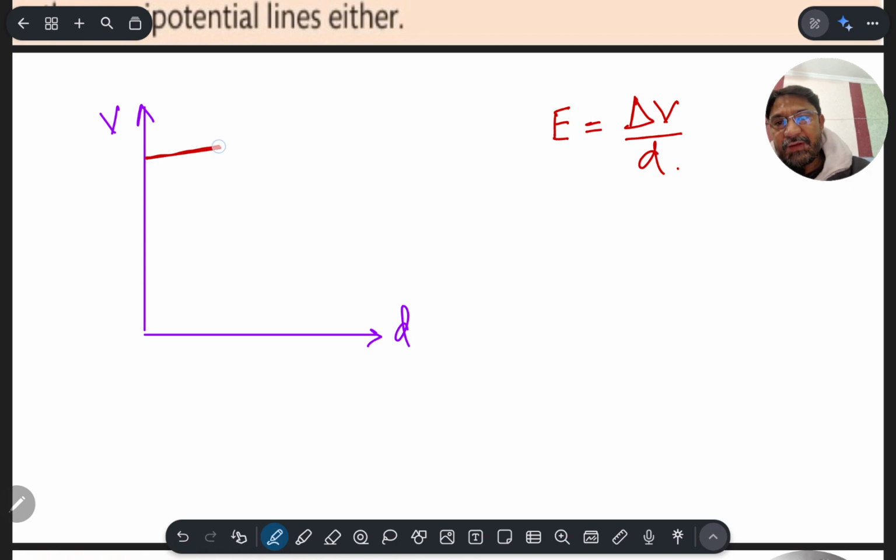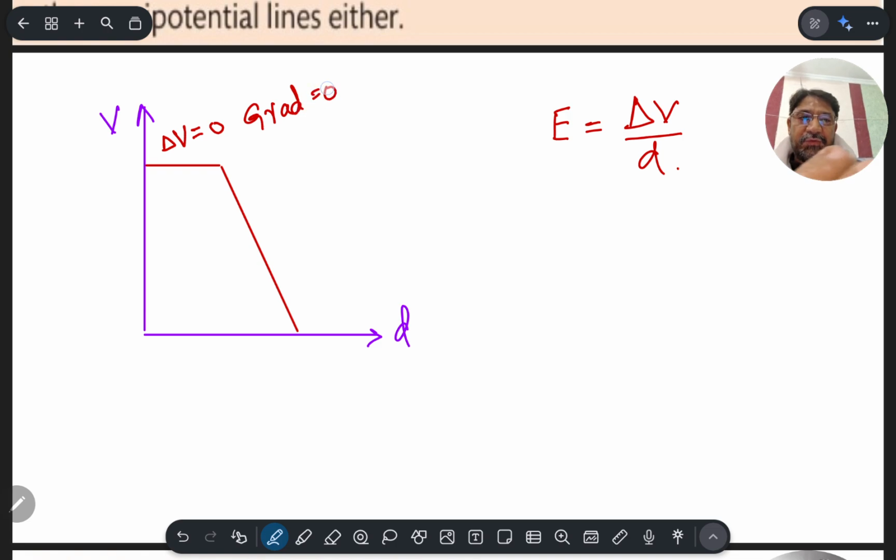For example, if I have a graph line like this, and it behaves this way, then in this zone the potential variation is equal to zero. That means the gradient is equal to zero. When the gradient is zero, the electric field strength is zero, right?